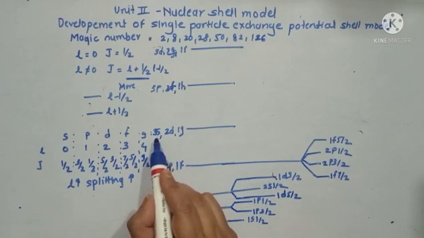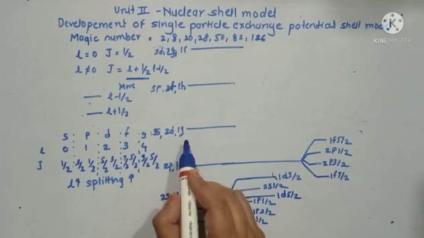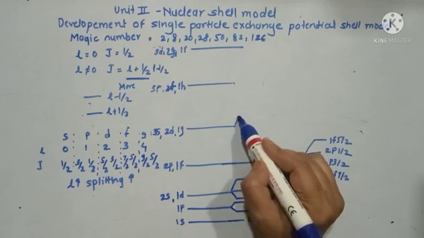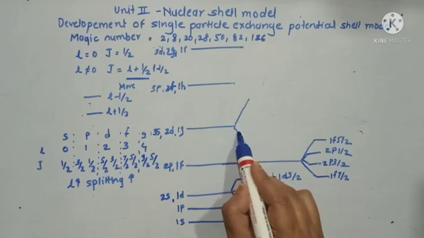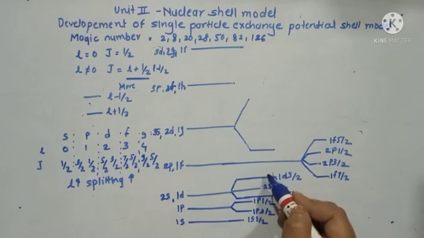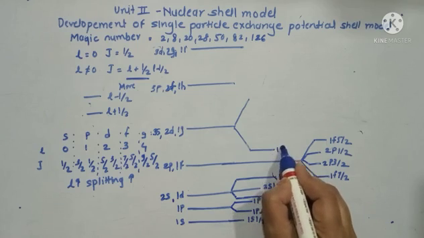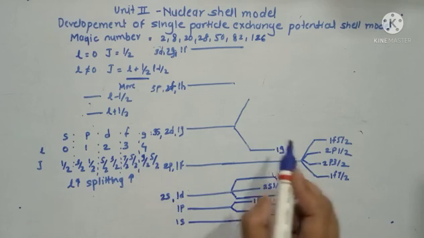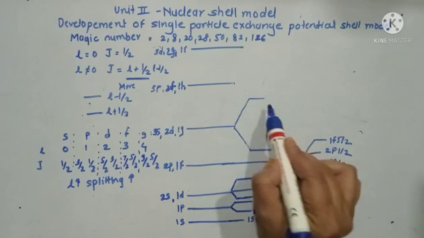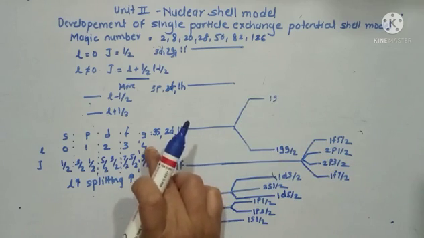So now G energy level is there, so G should have more splitting than that of the F, so I should show it like this. You just understand the method how to draw this figure. So this is 1G 9/2 and this will be 1G, here it should be 7/2.